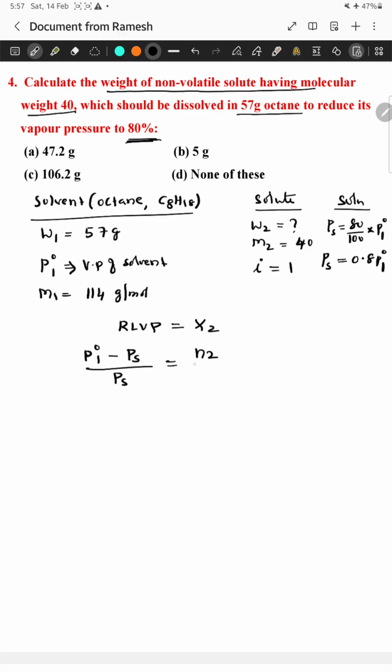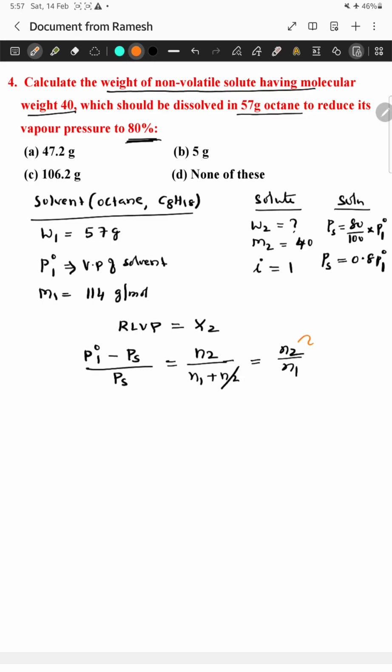Chi2 means the number of moles of solute divided by the total number of moles, N1 plus N2. Compared to the moles of solvent, in the denominator you can neglect the moles of solute, so finally you are left with N2 divided by N1.